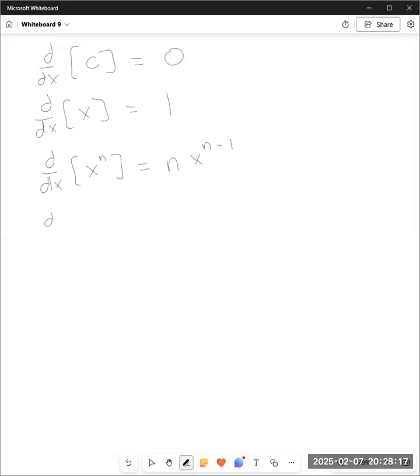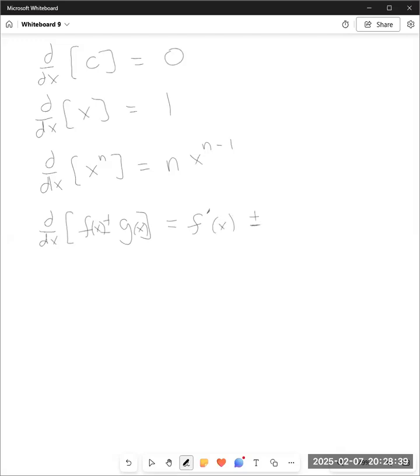I also have a sum and a difference rule that I'm going to write together here: the derivative of f plus or minus g of x is going to be equal to f prime. Let's make these functions of x.